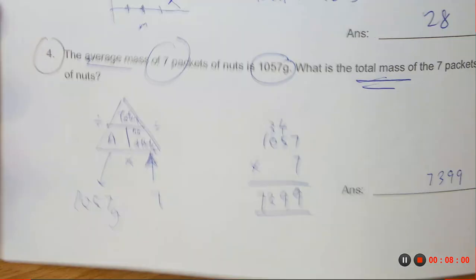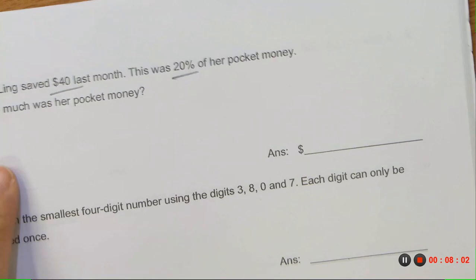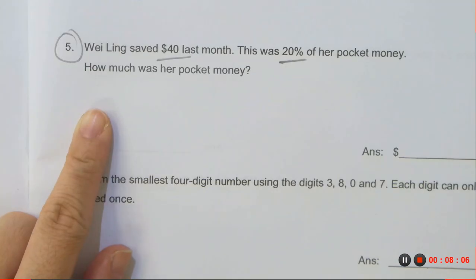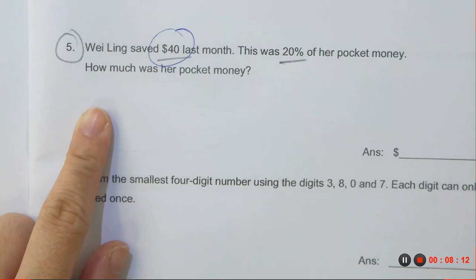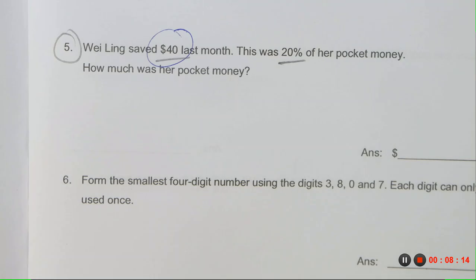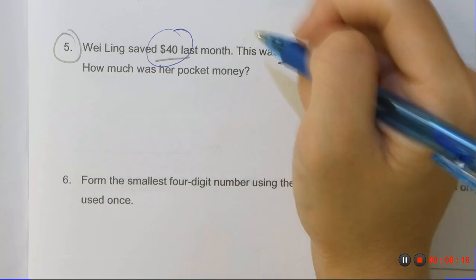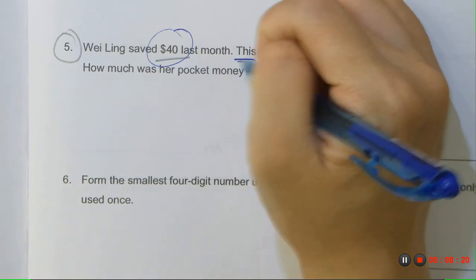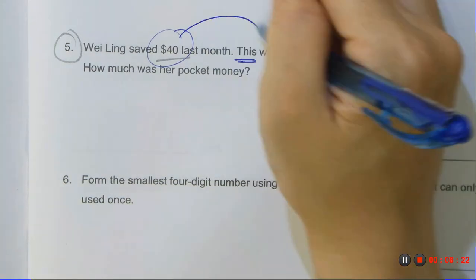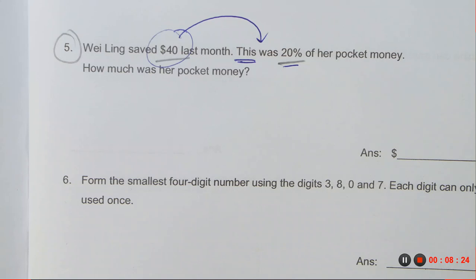Okay, moving on. Okay, last question, question 5 here. 20% of her pocket money is $40. Why do I say that? Because it says Mei saved $40 last month.